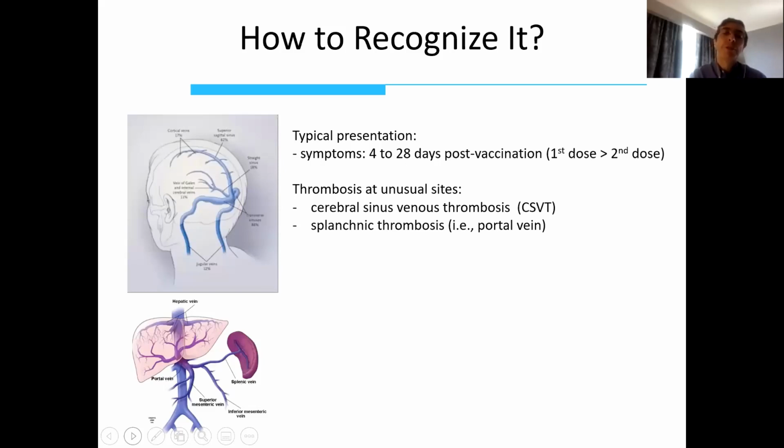As we've mentioned before, you see a depiction of the cerebral sinus venous thrombosis anatomically on the left upper part of your slide, and on the left lower part of your slide, you see the splanchnic venous tree throughout the abdomen.